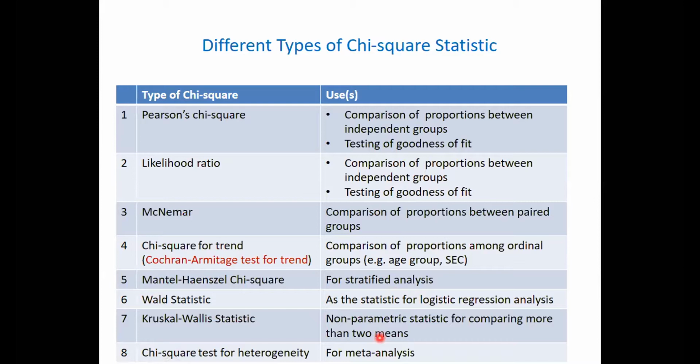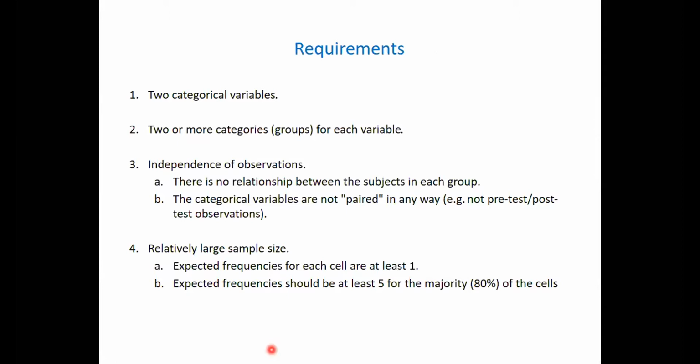I think we discussed that under the assumptions for hypothesis testing: instead of doing ANOVA, if the data set is not normally distributed, because ANOVA is for comparing three, four or more means, you do Kruskal-Wallis. So the Kruskal-Wallis test is the non-parametric counterpart of one-way ANOVA, and it follows a chi-square distribution. The chi-square for heterogeneity used in meta-analysis is also chi-square. There are still many things that follow chi-square, just for academic purposes.